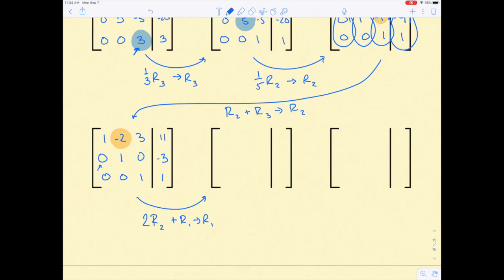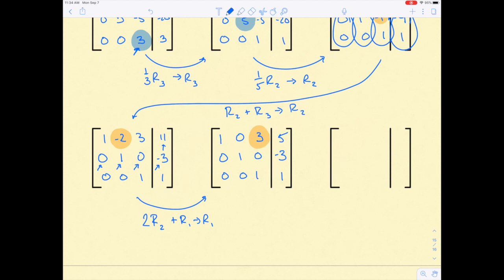Multiply this one by 2. That's 0. 0 plus 1 is 1. Multiply this one by 2. That's 2. Add it to -2 and I get 0. That's what I wanted. Multiply this one by 2. Doesn't change it. And multiply this one by 2. I get -6. -6 plus 11 is 5. Rewrite the second and the third, and one more, and we're almost done.